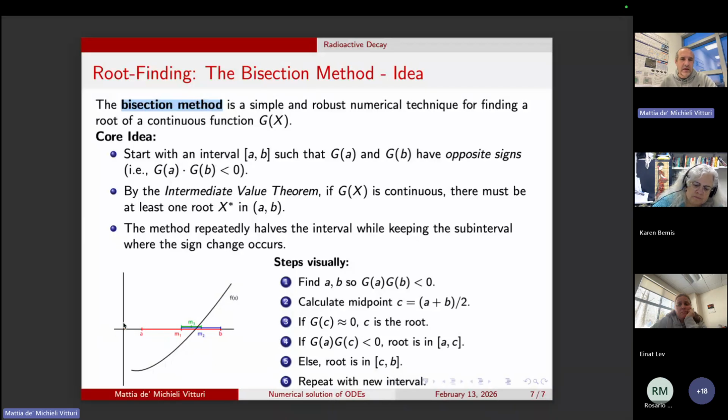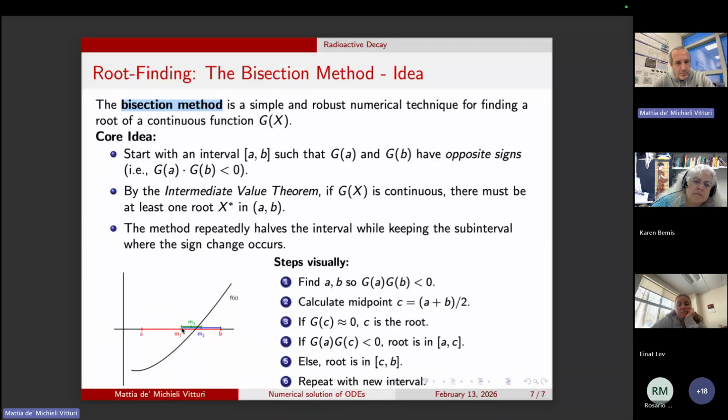So what is the idea of the bisection method? To start with an interval for which we know that on the left the function is negative and on the right is positive, or the opposite. It could be positive on the left and negative on the right.